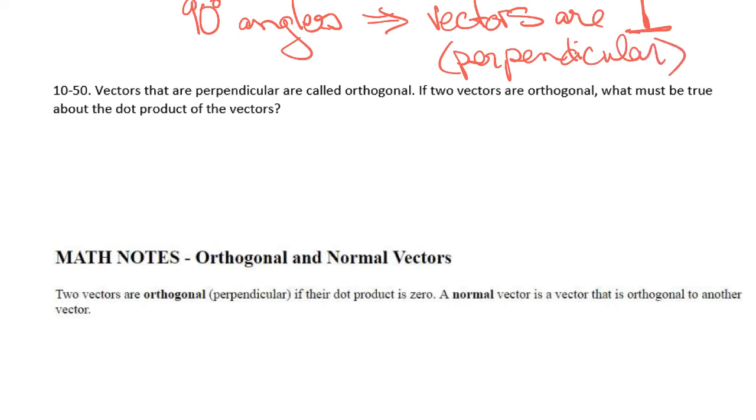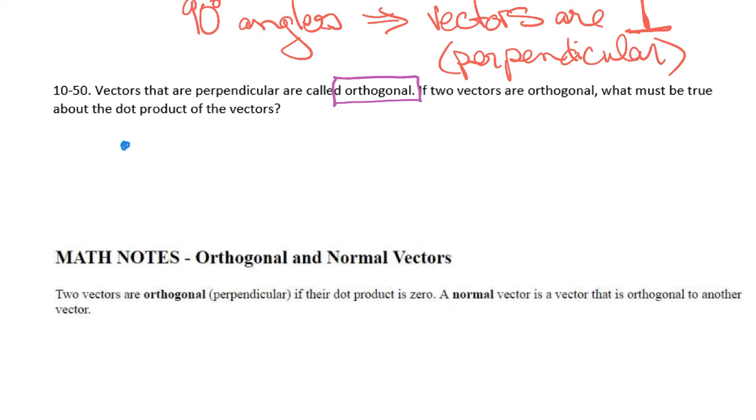Vectors that are perpendicular are called orthogonal, or orthogonal, depends on how you want to pronounce it. Tomato, tomato, right? And if you have two vectors that are orthogonal, what must be true? Well, the dot product must equal 0. So two things are going to happen here.